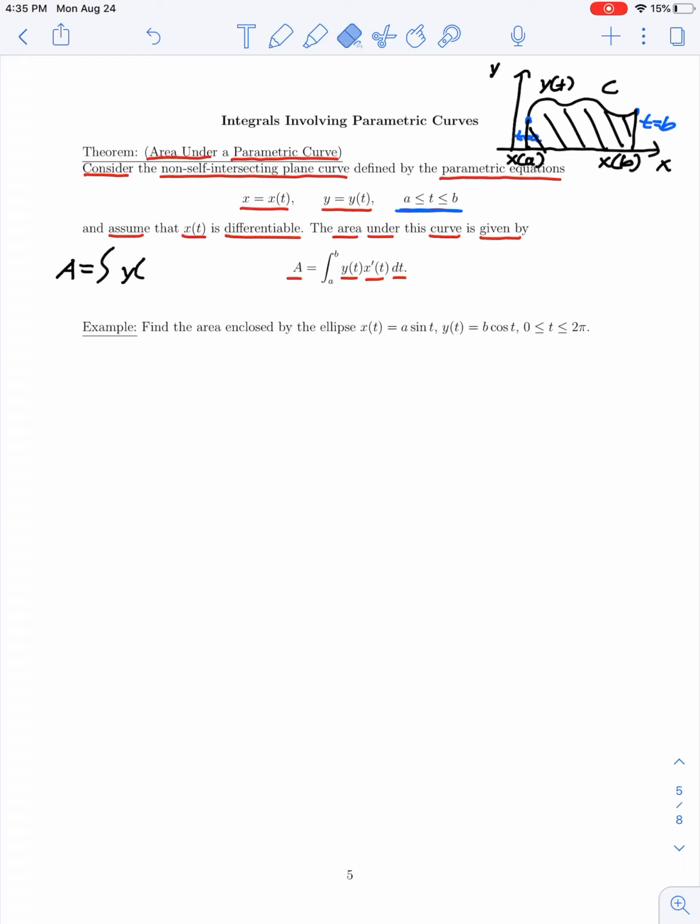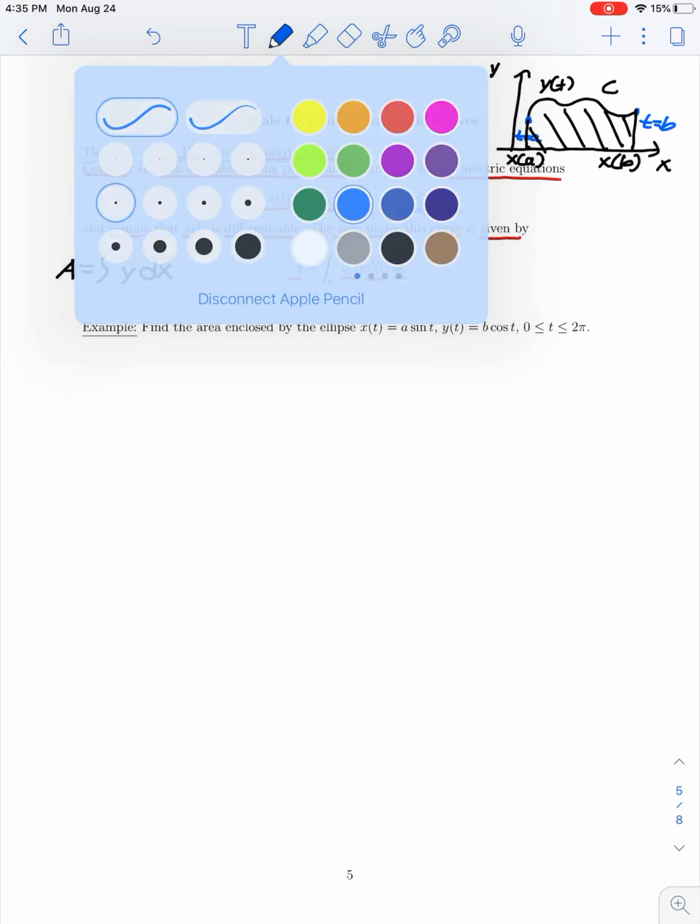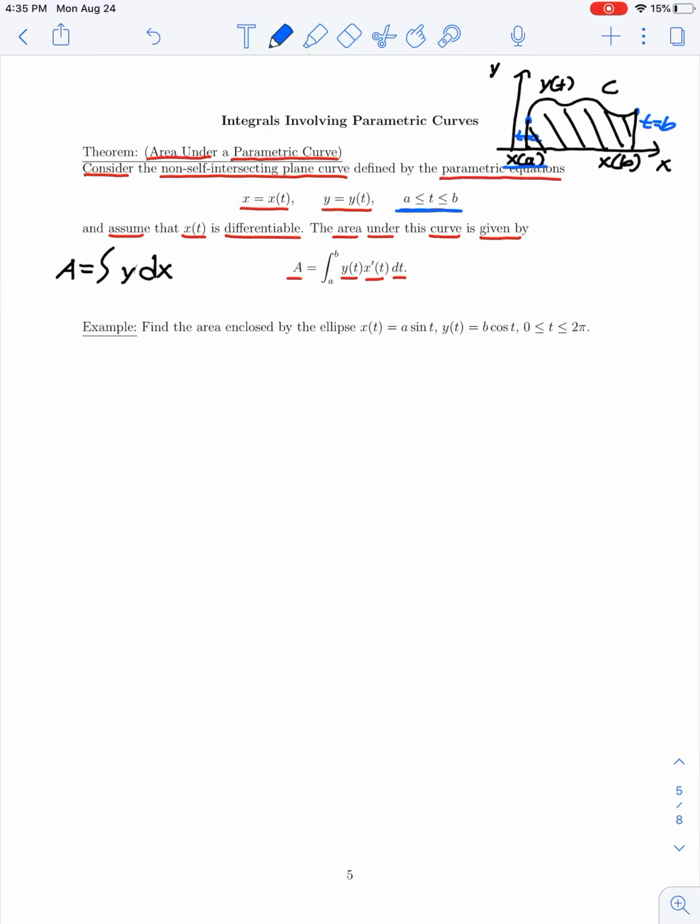Let's write it like this: the integral of y with respect to x, where the range of x values goes from x of a to x of b. This is how we would calculate that desired area.